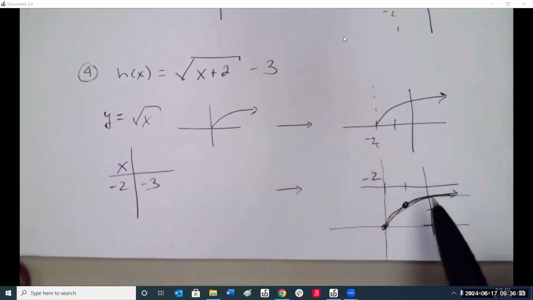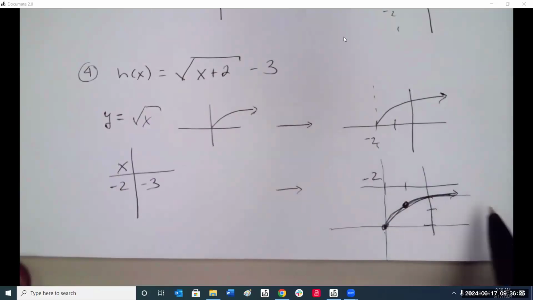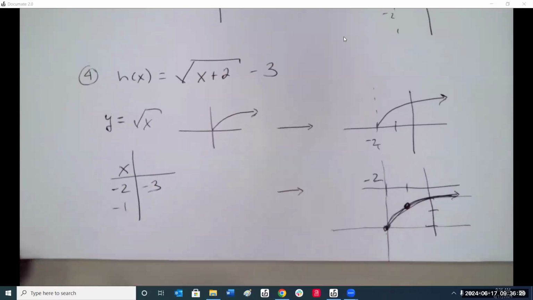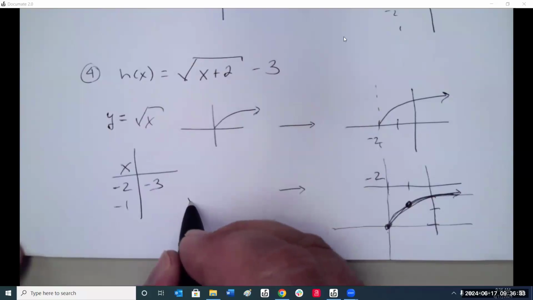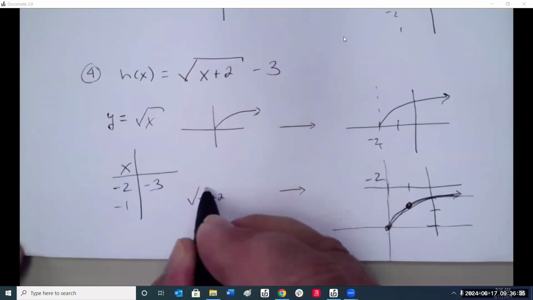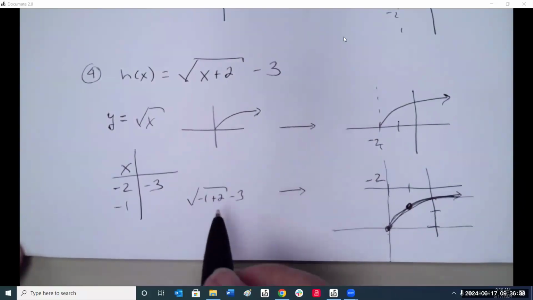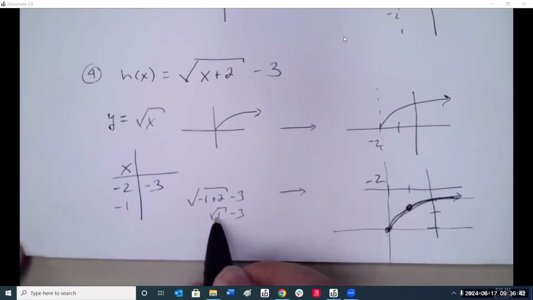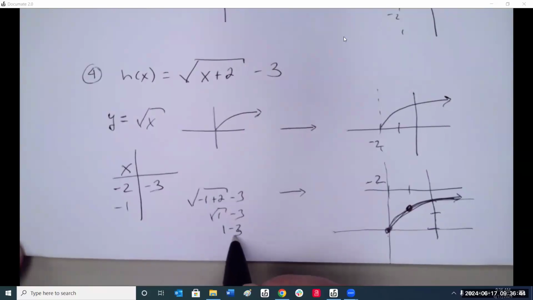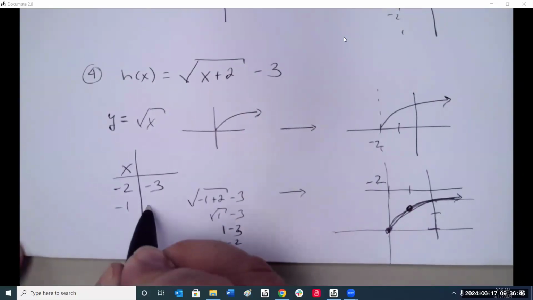But because it's square root, it has to be bigger than that, because you cannot have negatives inside there. So I try negative 1. Negative 1 plus 2 minus 3. Negative 1 plus 2 is 1. Square root of 1 is 1. 1 minus 3 is negative 2.